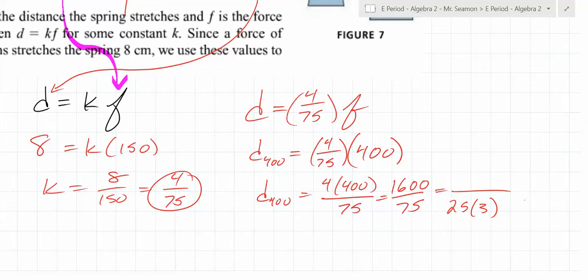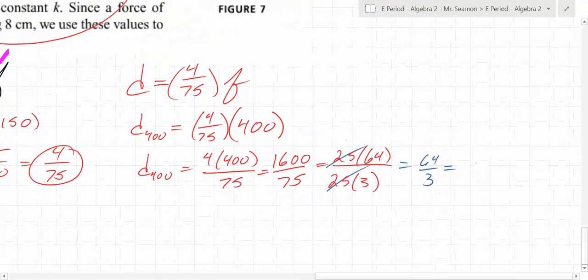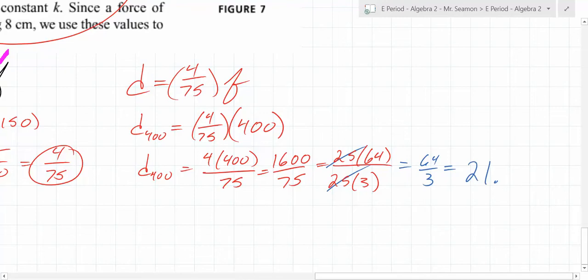How many hundreds are there in 1600? 16. What's 16 times 4? 64. So that's 25 times 64. What can you cancel? 25. So what are you left with? 64 over 3. Anybody know what that is? 21.3. Correct.